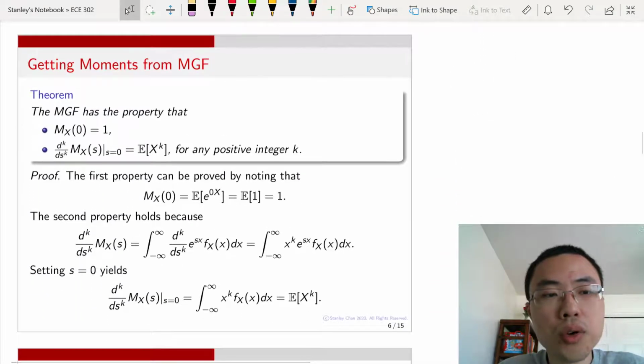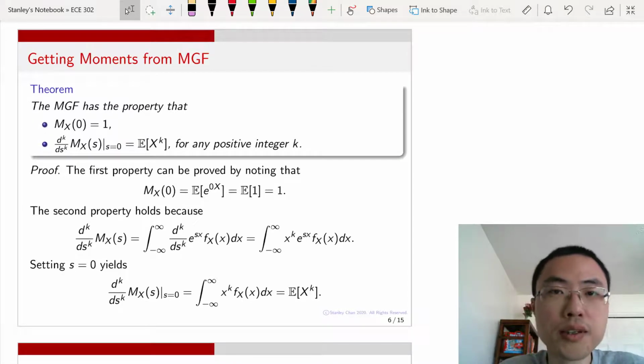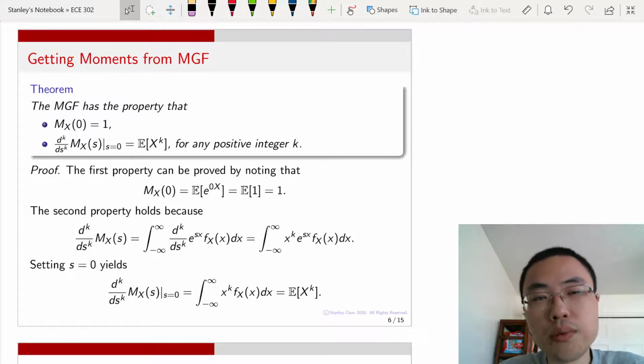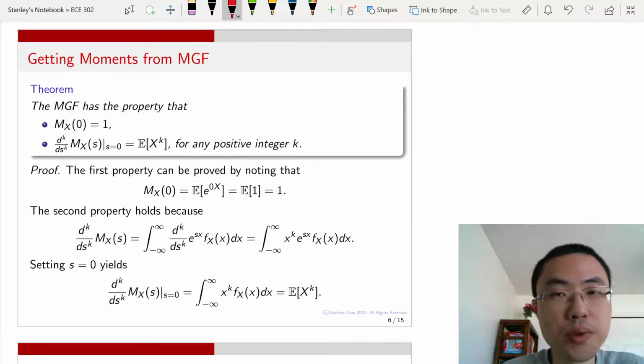Now you ask, why do we call this thing M_X the moment generating function? Well, it is called the moment generating function because we can generate moments from this function. This theorem here says that for any moment generating function, if you evaluate the function at 0, you will get 1.